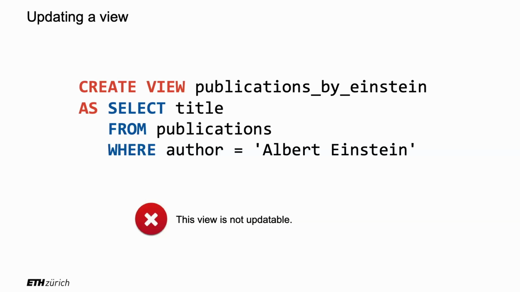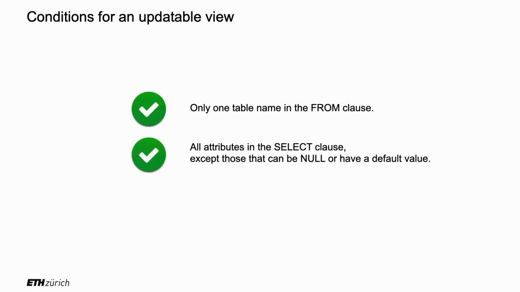If you provide a default value or you allow null, you make it not null, nullable, then in that case, you can update it, right? But it's if the schema allows you to do that. So if you look at the PostgreSQL documentation, they are a bit restrictive. The only cases where they promise that they can update the view is first, you have only one table, you're not joining or anything, just a single table in the from clause. Then you need to have all its attributes in the select clause, except those that have a default value or can be null, because these you can just populate with the default value and null.